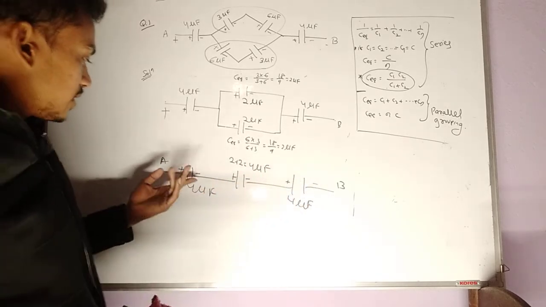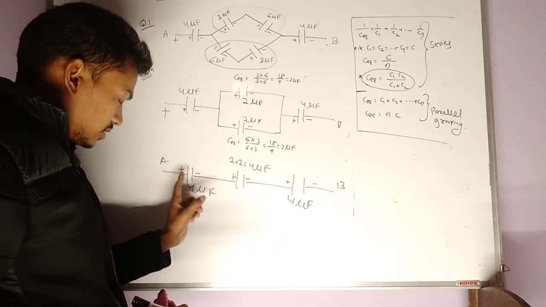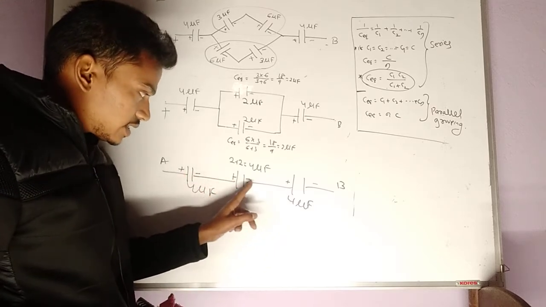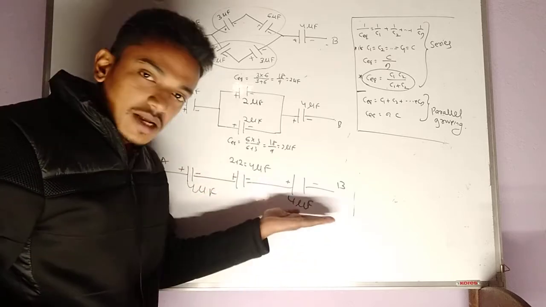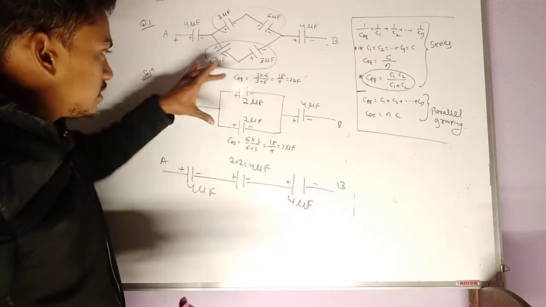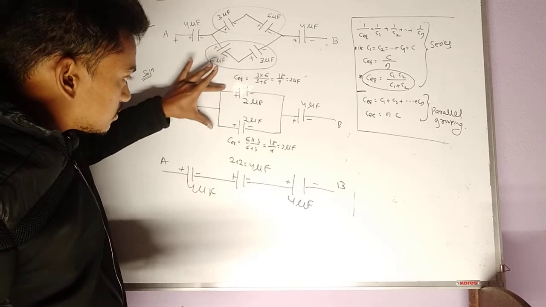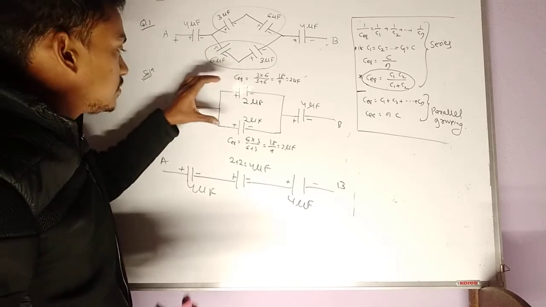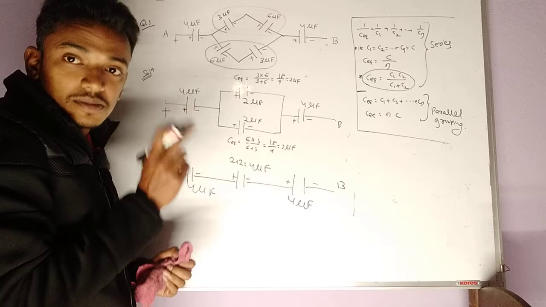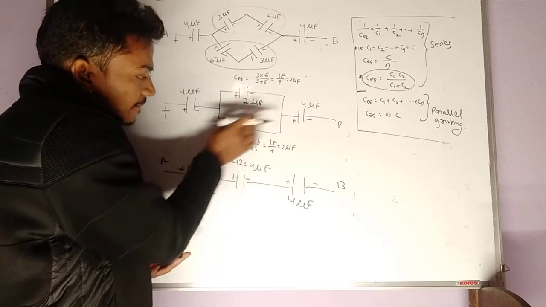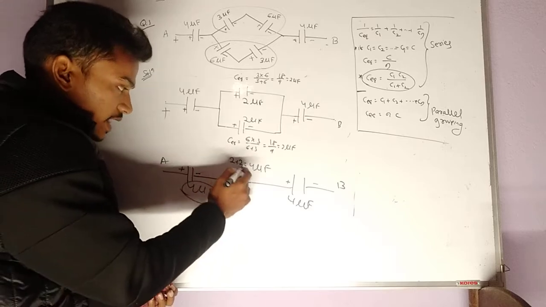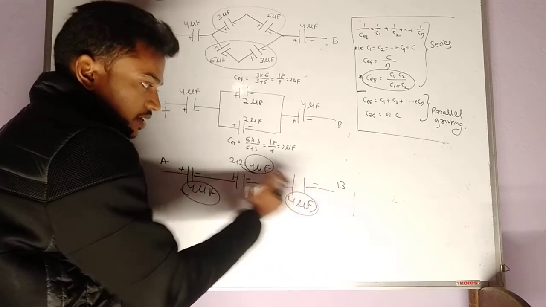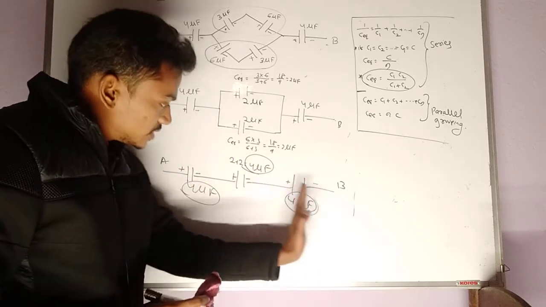So you see that this connection is negative to positive. So this is series grouping, connected in a single branch. These two are connected in multiple branches, not a single branch, so it will be parallel, and this is series.